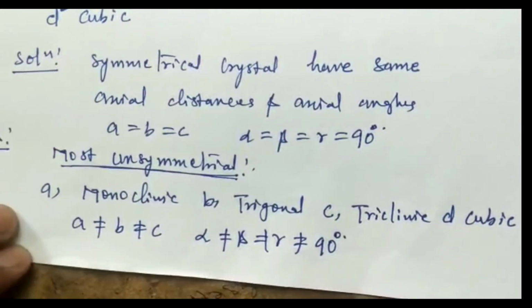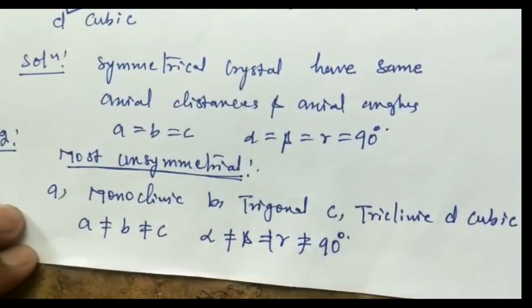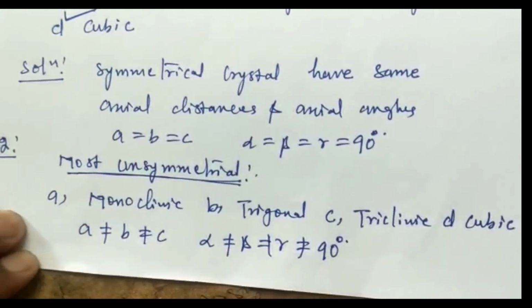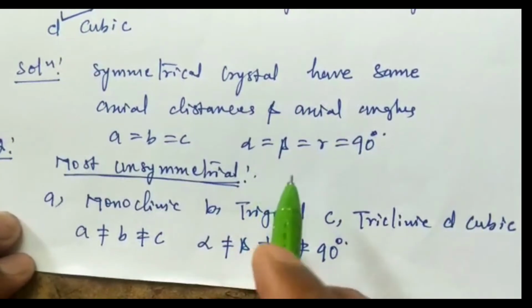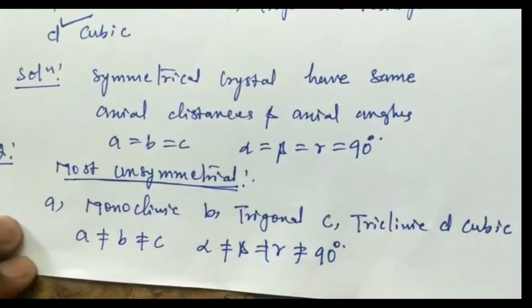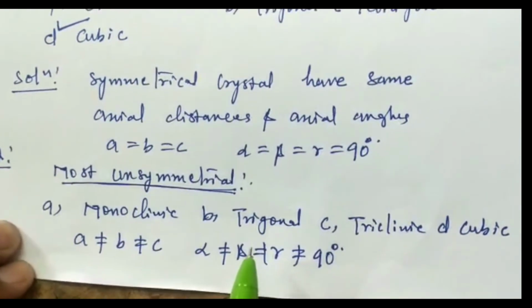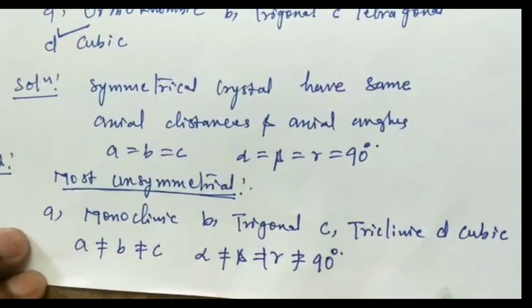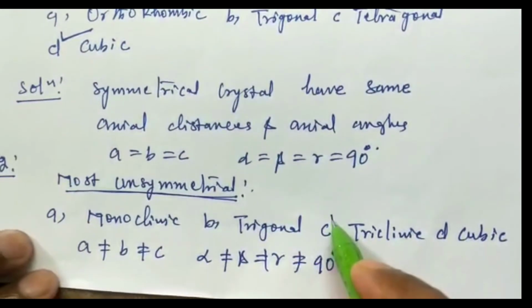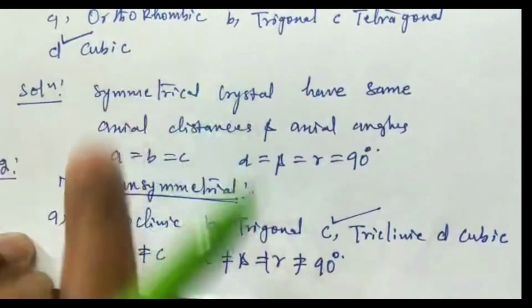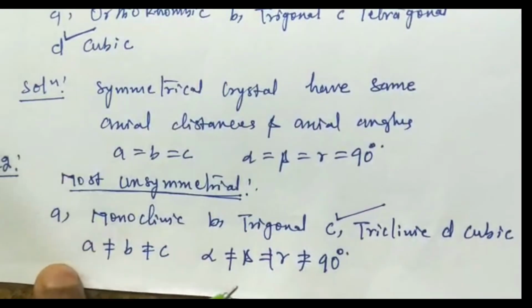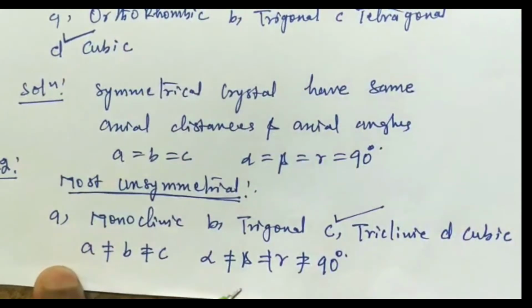So axial distances and axial angles are both not the same. So triclinic is the right answer. To get the answer in such questions, you have to follow the table.